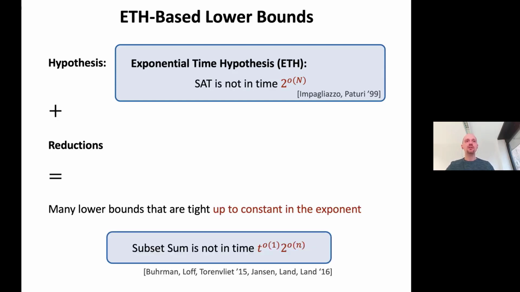And of course, this has also been done for subset sum, being a classic target for these kinds of things. Independently by Bringmann et al. and Jansen et al., it has been shown that subset sum is not in time t to the little o of 1 times 2 to the little o of n. So if you want to improve the dependence on t to subpolynomial, t to the little o of 1, then you have to pay an exponential factor in n, one way to interpret this result.